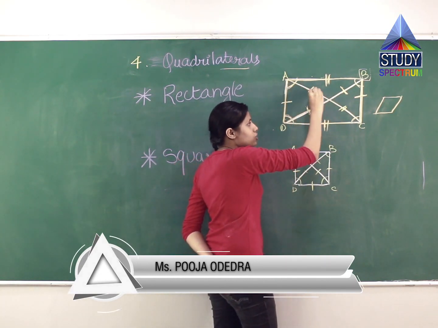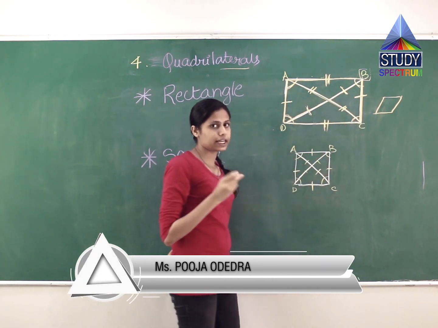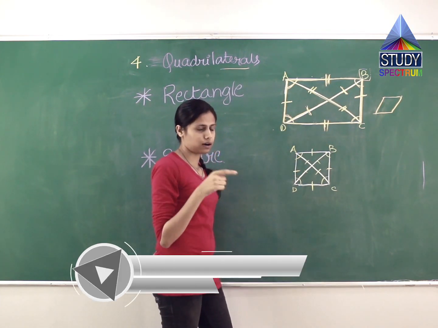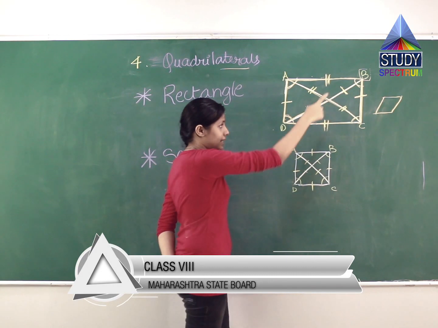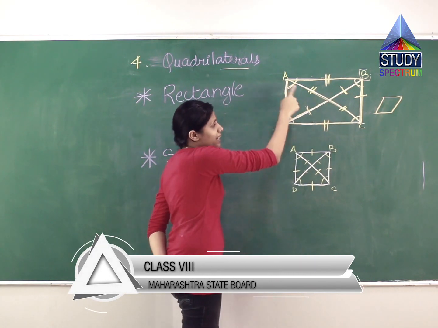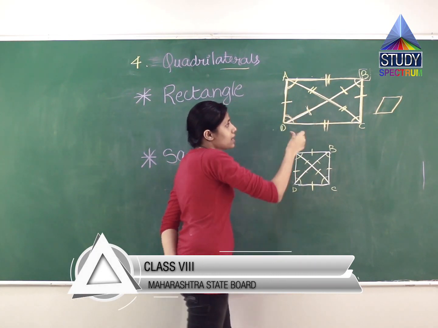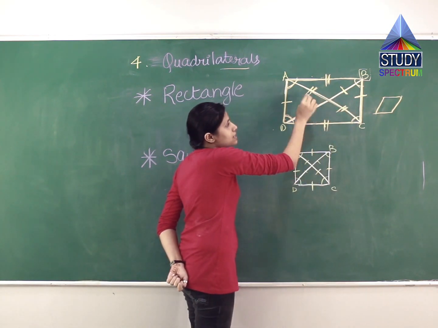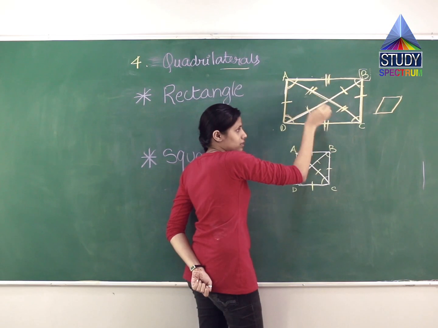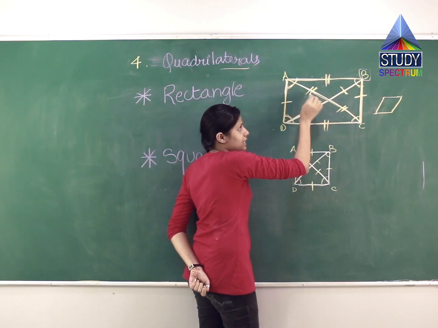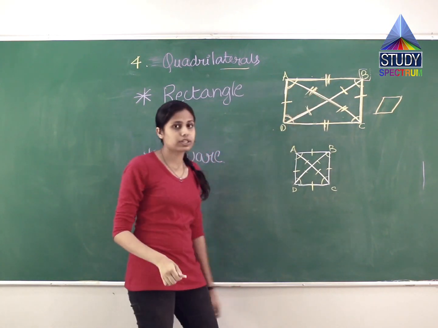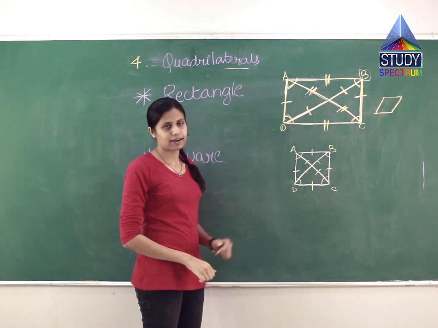Similarly, AC is also a diagonal because it is connecting two opposite angles, A and C. Who is the bisector of AC? It is BD. So BD is cutting AC into two equal parts, represented by 2 units. So these were the properties of the rectangle.